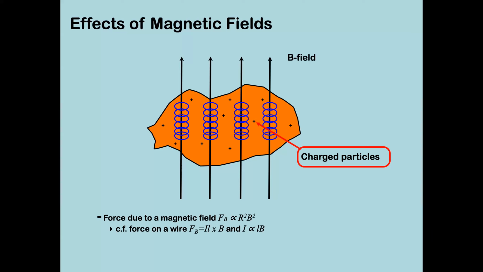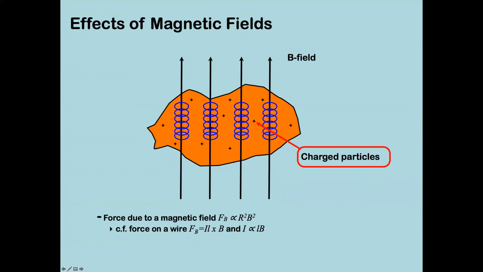So now, what is the force due to a magnetic field? You can consider that as a pressure term, and you have an area, so here you have R squared times B squared. You can understand how this comes about because you have to remember from high school the force on a wire.